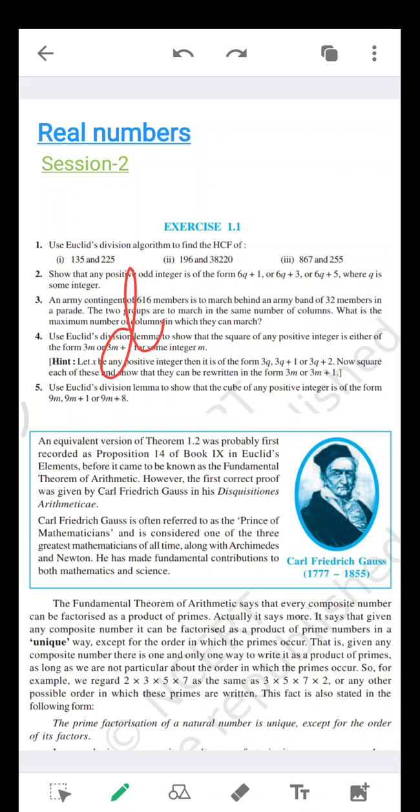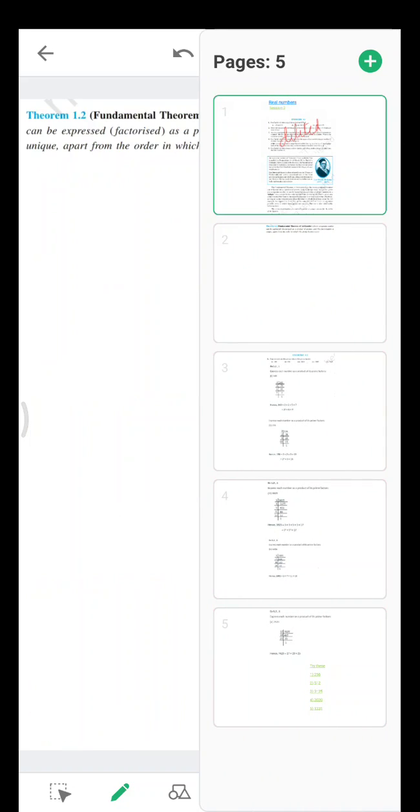So this has to be deleted. We are not going to do this exercise 1.1. The next exercise is based on fundamental theorem of arithmetic. So today's concept is the concept of fundamental theorem of arithmetic. So let's see what is this theorem.